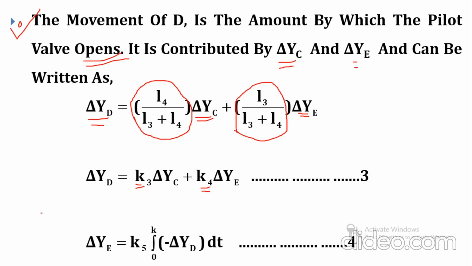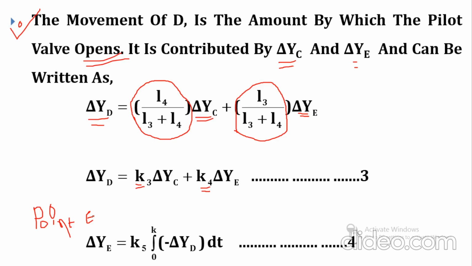Now consider the last, point E. At point E there will be high pressure oil which is admitted into the cylinder, and the amount of high pressure oil is proportional to the time taken by the steam valve to open, or we can say the time taken for the steam valve to close.